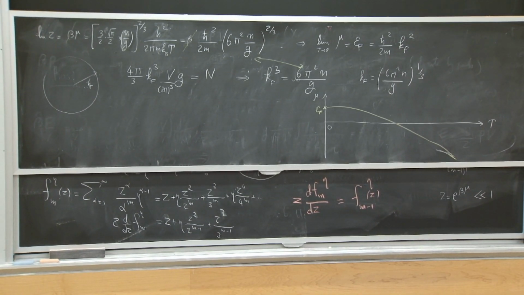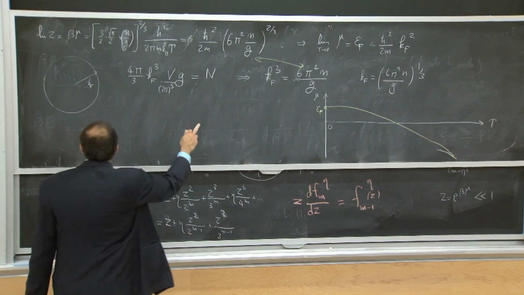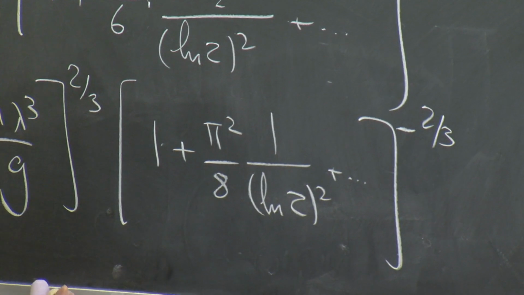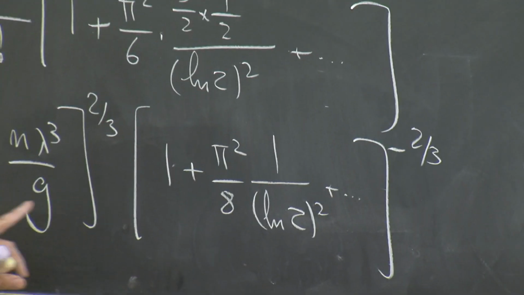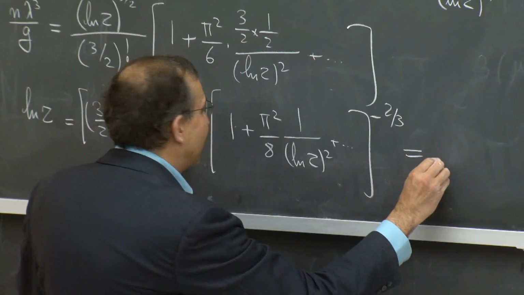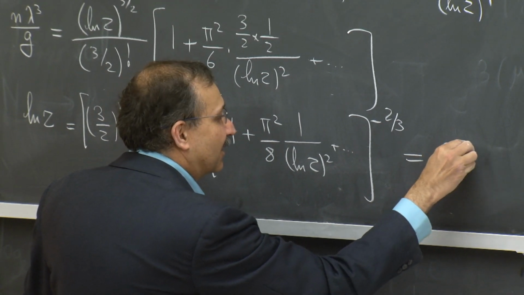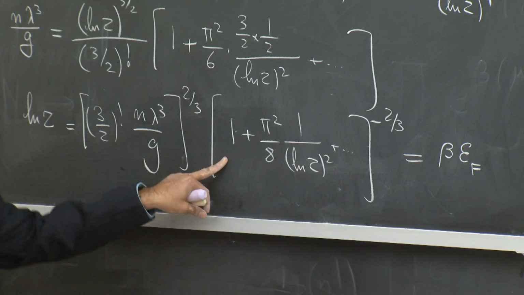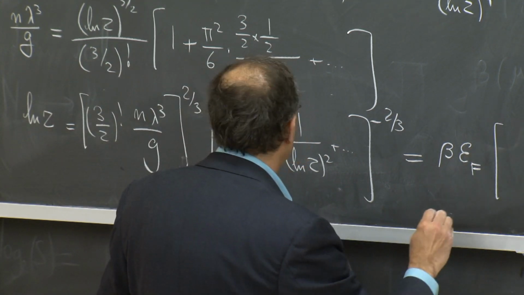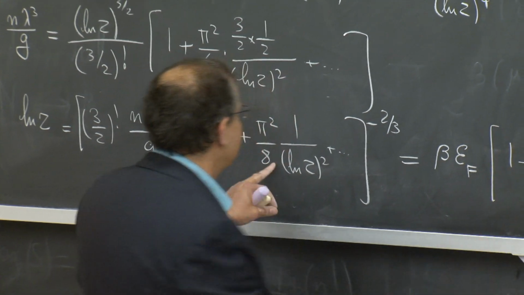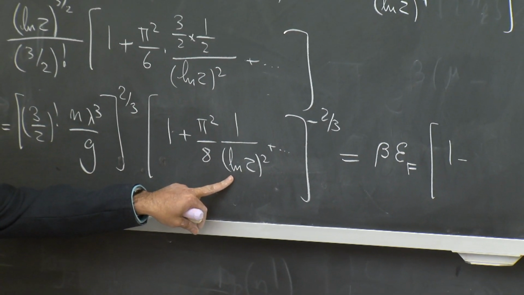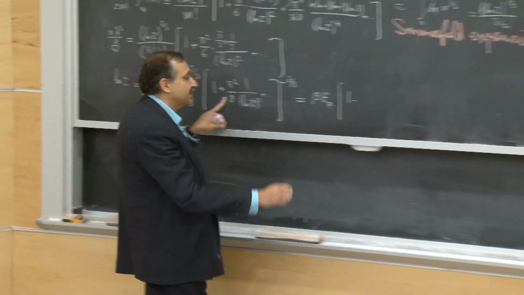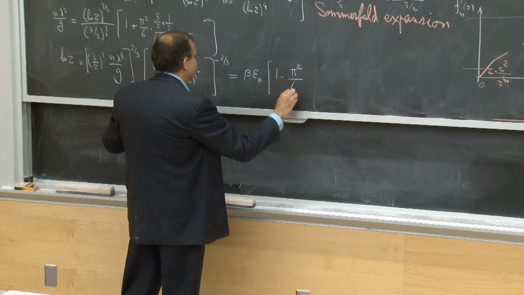Okay? So if I now substitute this result in here to get the next correction, what do I have? This 0th order term we established is the same thing as beta epsilon F. And then the next order term will be 1 plus, this log z is going to be small, minus 2/3 times this is going to give me minus pi squared over 6.